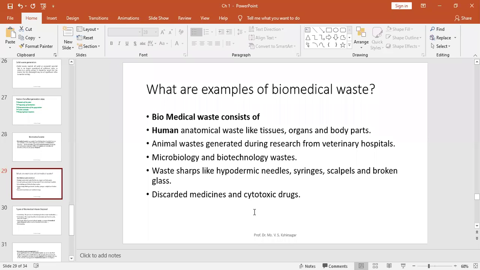So that's why we need to provide proper treatment for biomedical waste.